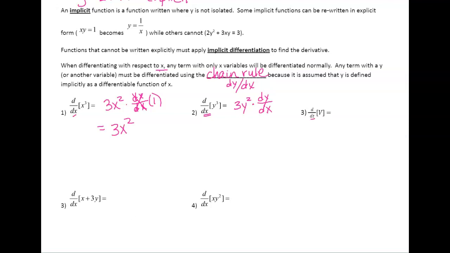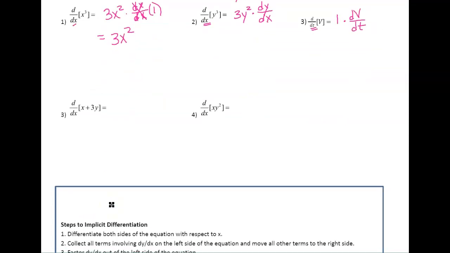Same thing here. v is the variable, t is the variable. So v is just going to be your function. The derivative of v is 1, because it's like x, and then I have to account for that being the function, so it's dv over dt, okay? Most of the time we will stick to y.